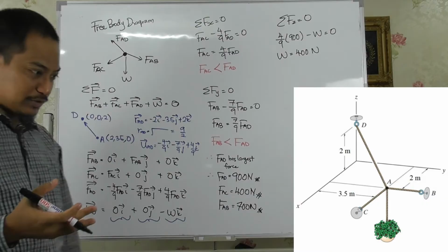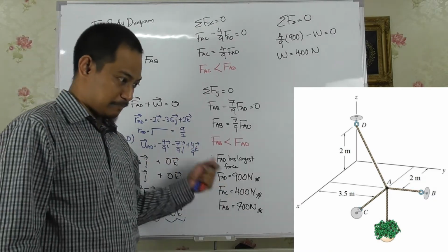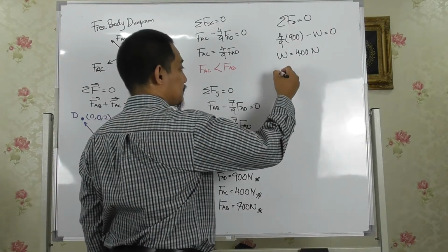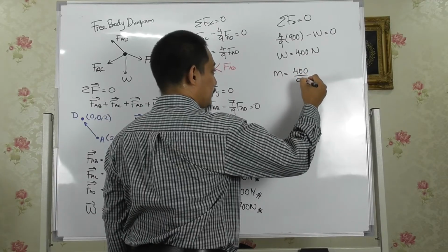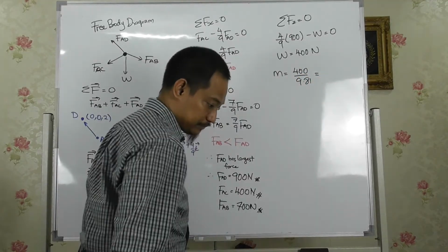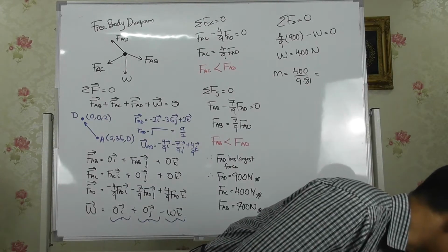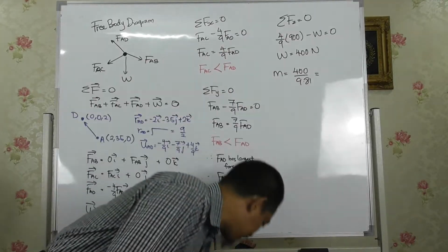So again, what is the question? The question is, if the maximum is 900, determine the largest mass. So mass will be 400 over 9.81. Okay, I didn't calculate yet.